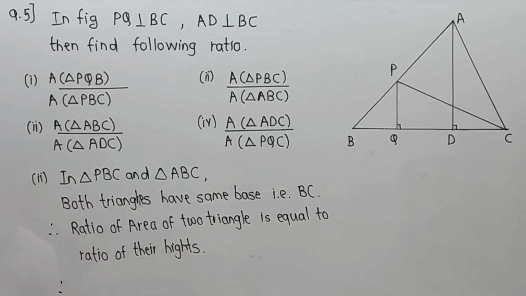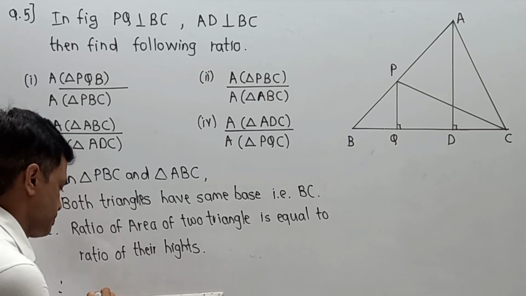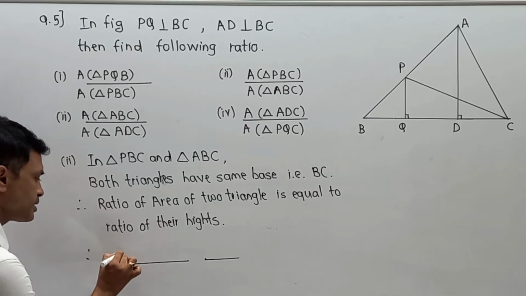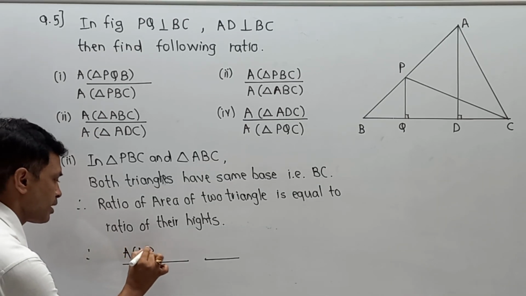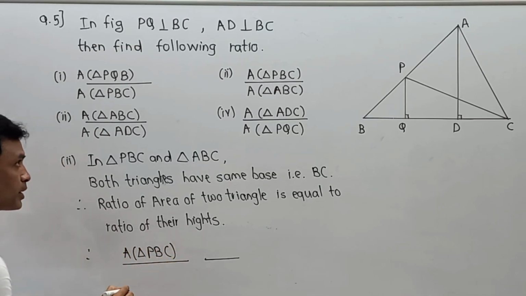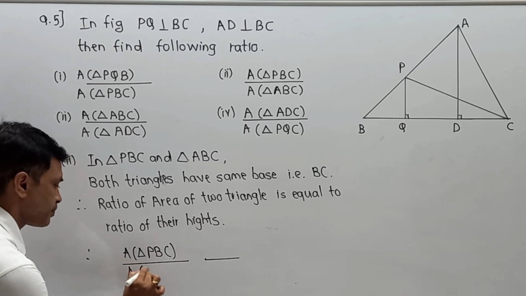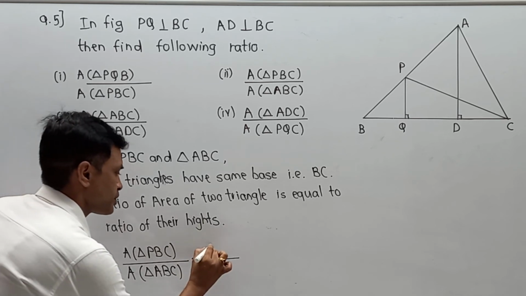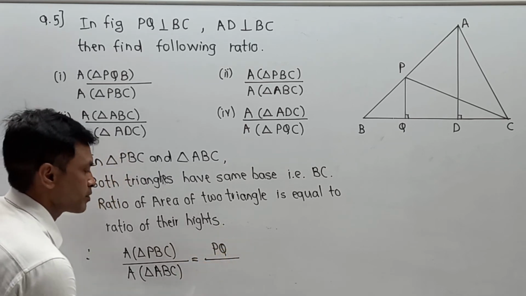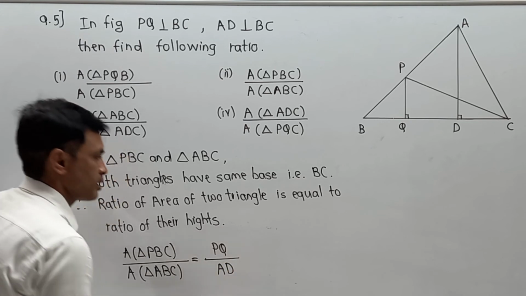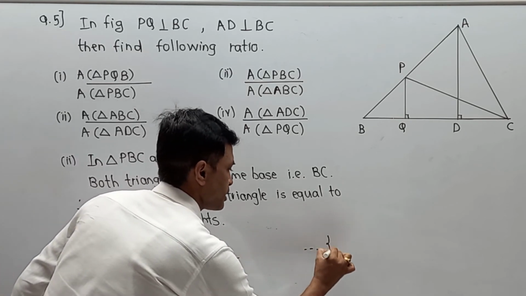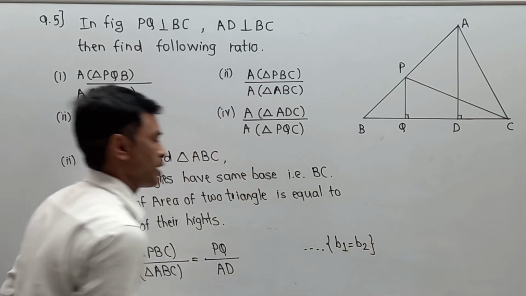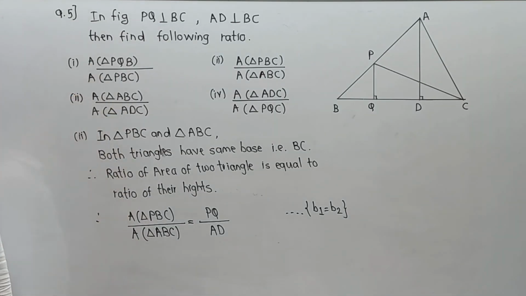And the part is area of triangle PBC upon area of triangle ABC is equal to height of first triangle, that is PQ, and height of second triangle, that is AD. And in reason you can mention that base of first triangle is equal to base of second triangle. And in this way you can complete the part.